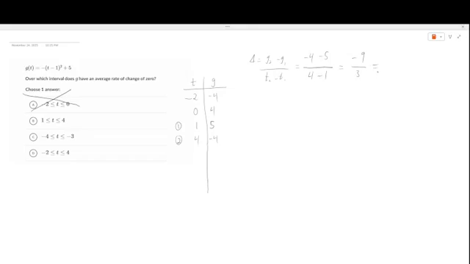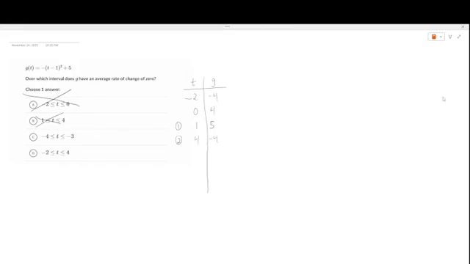So this is obviously not an average change of 0 because negative 9 goes into 3 as negative 3. So this is obviously not 0. So we can cross out option B.